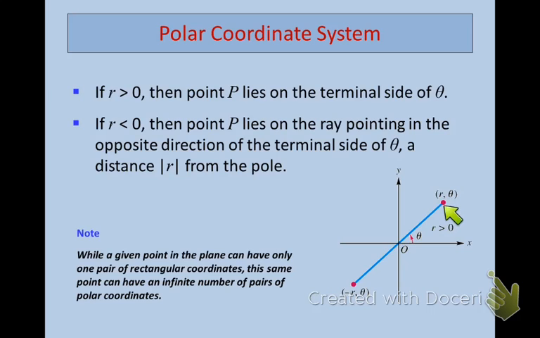What happens if I give you a negative radius is you find that 45 degrees, and then you trace back into the opposite quadrant from that, basically a perfect 180 degrees from that. You trace back and head the radius in that direction. However you need to write that, I might just say positive radius means on the terminal side of the angle. Negative radius means opposite direction of the terminal side.